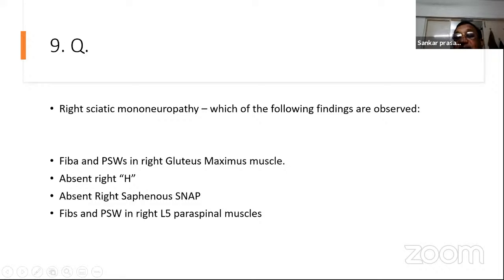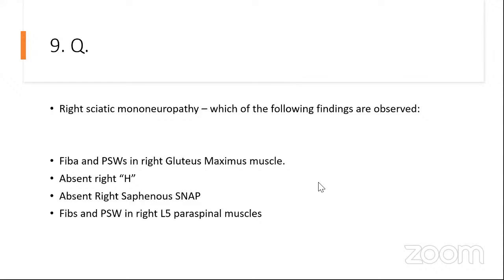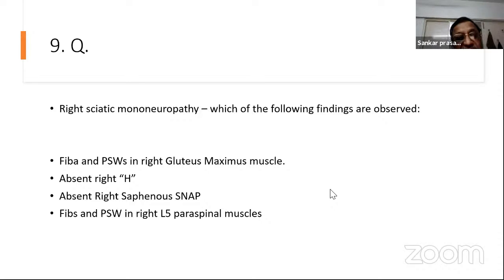Yeah, that's it. Can you explain why, Suresh? Why not gluteus maximus? Because it is root collateral, sir. Root collaterals, okay. So it is not involved. And saphenous? Saphenous is basically femoral, L2, L3 involvement. It will be lost. It's a terminal branch of the femoral nerve. So, right, that's nice.